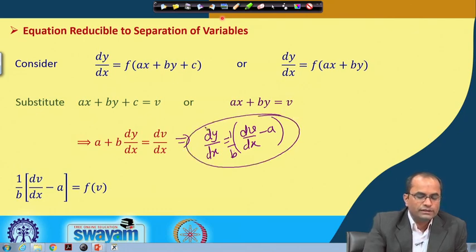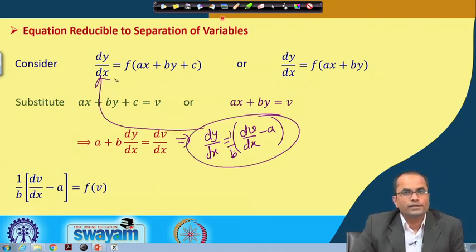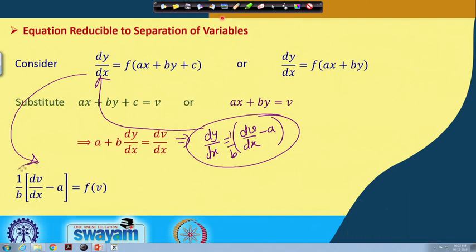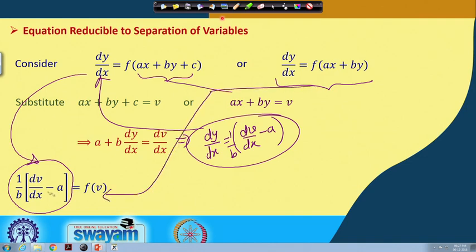So this dy over dx will be substituted in the equation, and we will get this term for dy over dx equal to f, and this we have already substituted as v. Whether this equation or this equation, we will get from both of them exactly the equation given here: 1 over b times dv over dx minus a is equal to f of v.